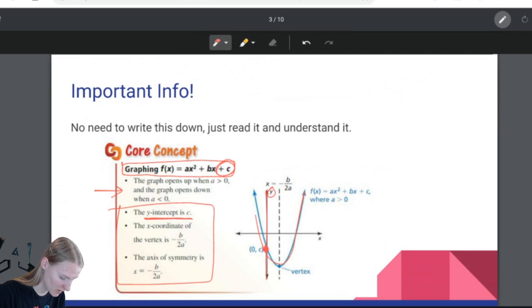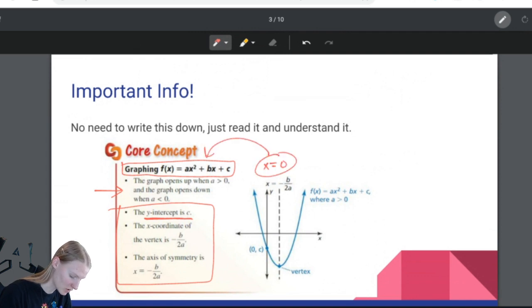So this point right here, that is our y-intercept, and it will always be c. Always, because the y-intercept is where x is 0, and if I put x equals 0 into this function, this goes away, and I'm just left with c. So c will always be your y-intercept, and that is very important.